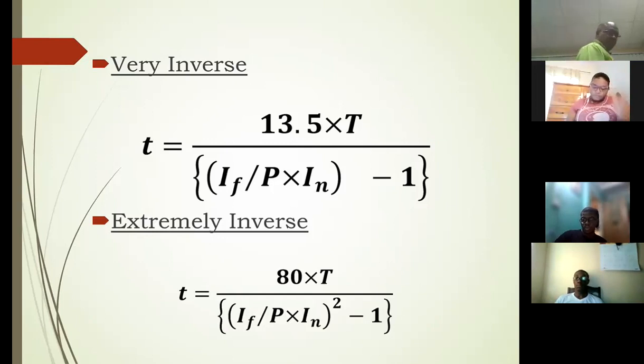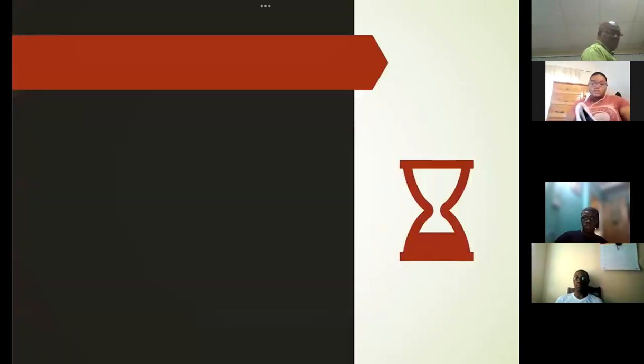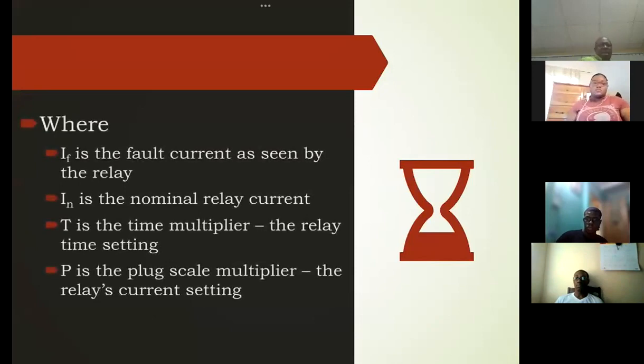All right. Now, by way of definition of these variables that you see there, IF will be the fault current as seen by the relay. Now, you can consider this in terms of what is happening on either the primary side or the secondary side of the CT.